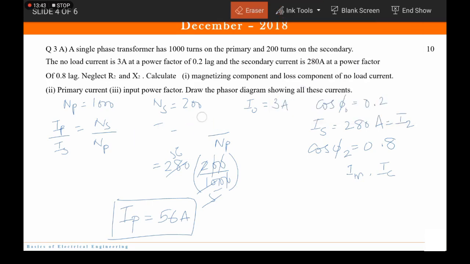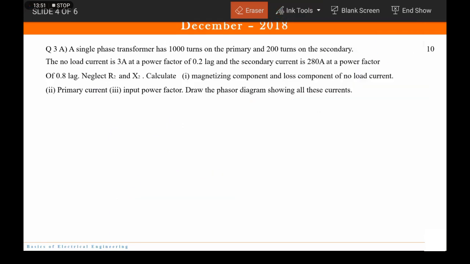So here we will require all the power factors. See, cos phi 2 is given, 0.8. I will find phi 2, which is cos inverse 0.8, and by using this I will find sin phi 2, because I require it.